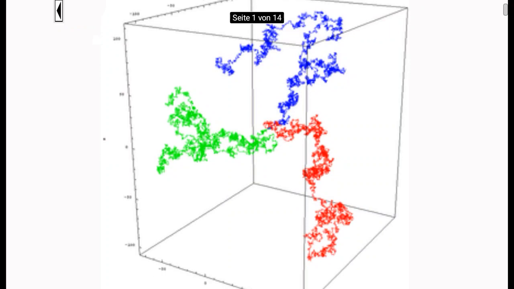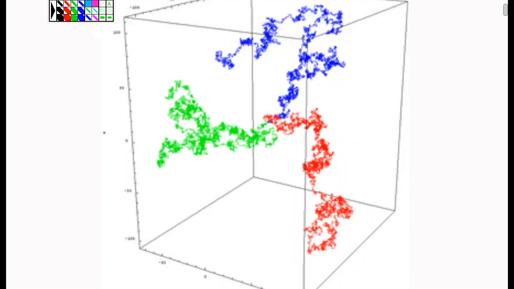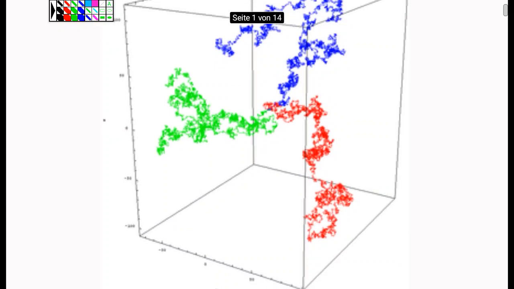Here you see three different possible realizations of such a pollen in this liquid that this biologist could have observed. All these three possible realizations are equally likely and perfect simulations. Suppose you start the pollen at the origin or the center of this three-dimensional domain, and then you let it evolve.